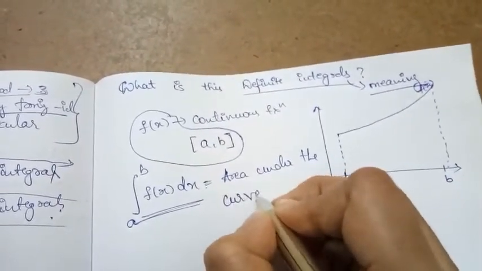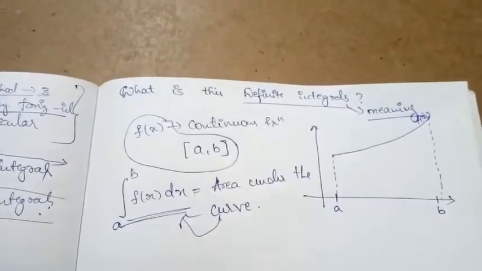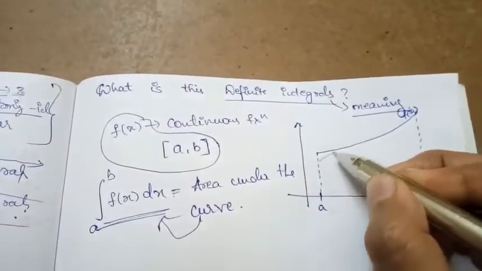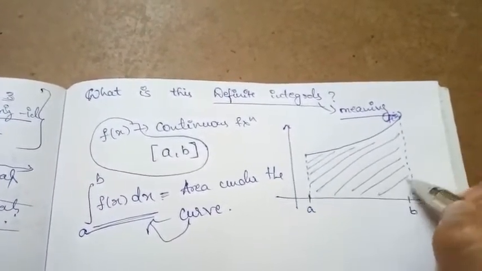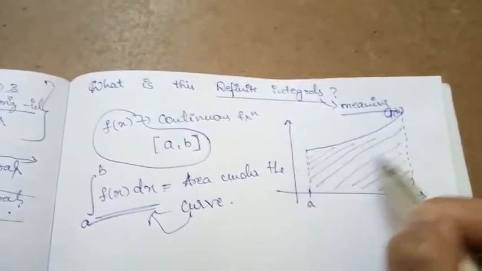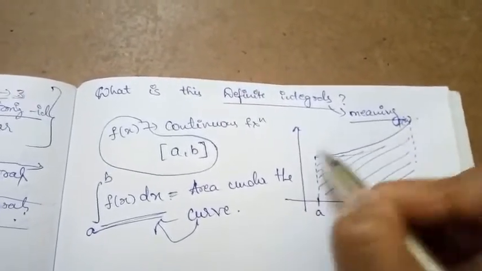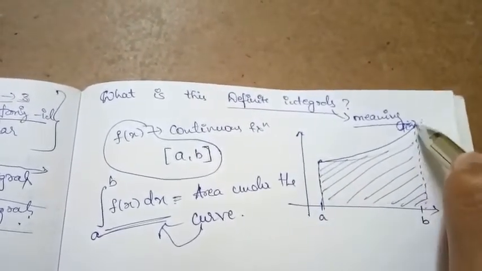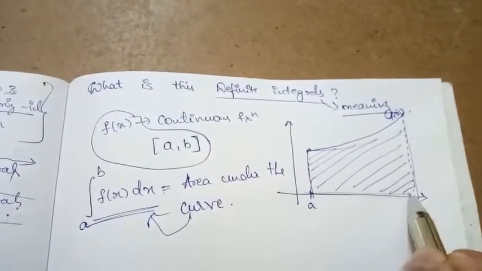So the area under the curve is nothing but the definite integral of a given function. That is this area. It is covered by the curve y = f(x), along with the lines x = a and x = b.